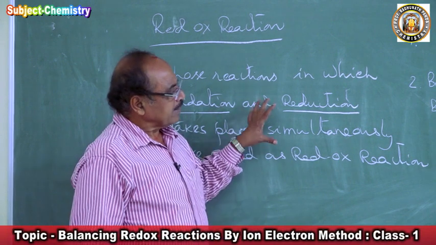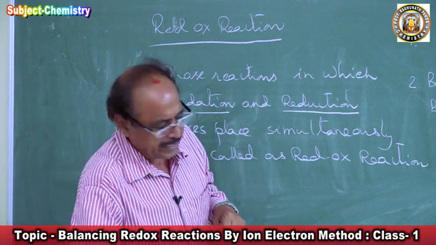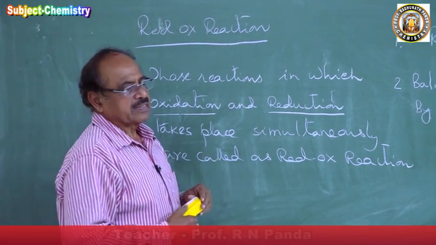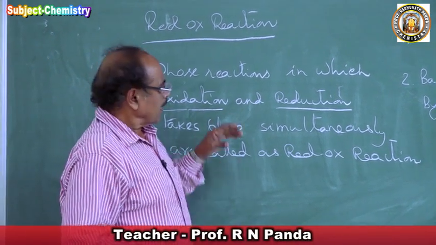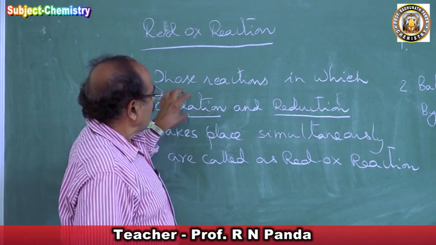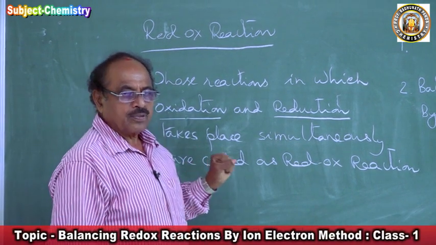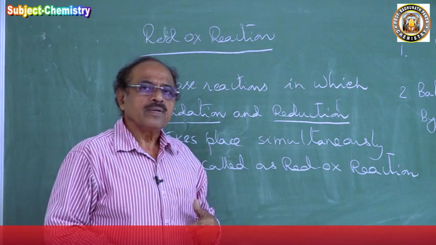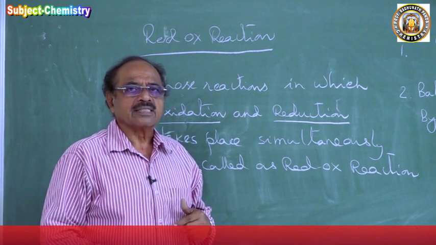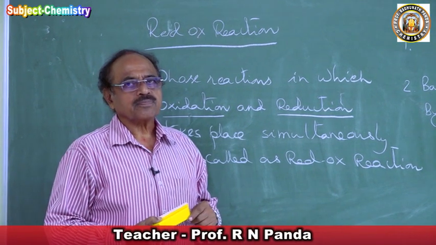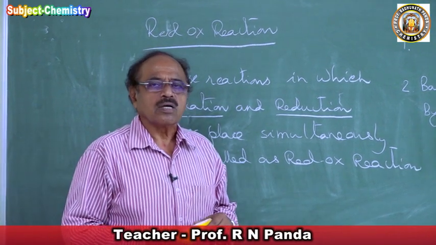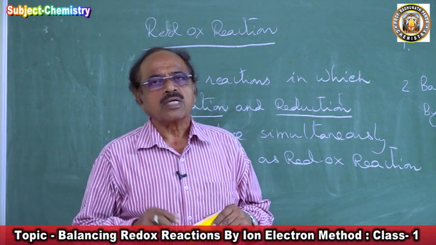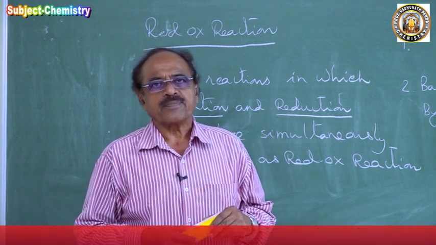So then we'll take an example. In these redox reactions, oxidation and reduction take place simultaneously. If you come to an oxidation reaction, reduction is also going on. In a reduction reaction, oxidation is going on. Why? Oxidation is carried out by whom? By the oxidizing agent.